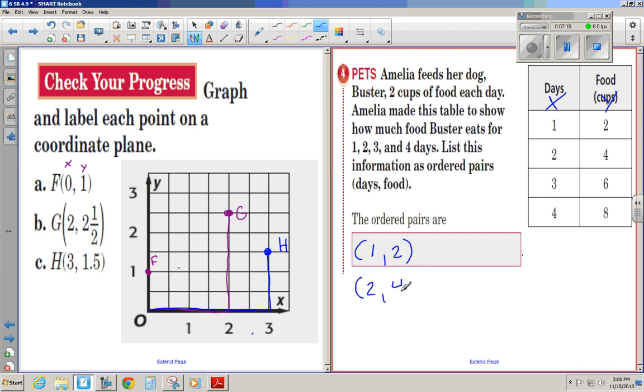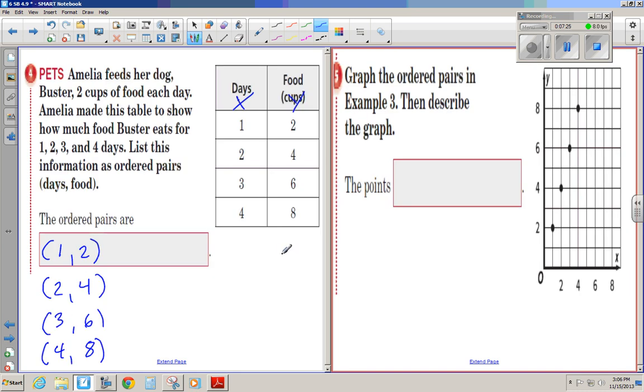And what's the second y? And you do that with the third set and the fourth set. And then when you graph these things, you end up with points like right here, 1, 2, 2, 4, 3, 6, and 4, 8. Now, as you are reading, you read from left to right.